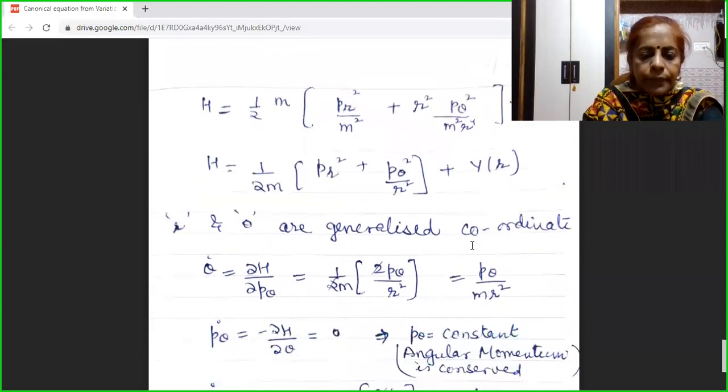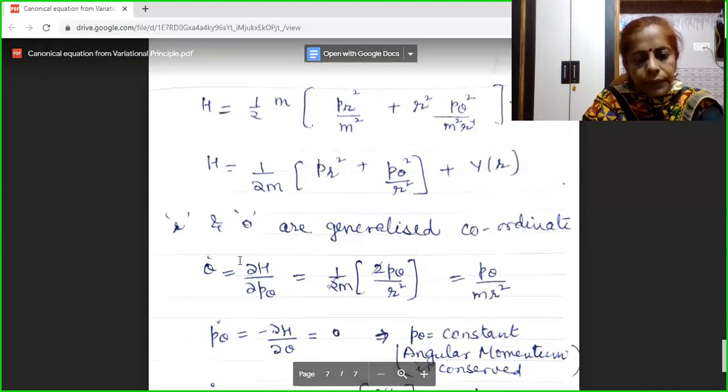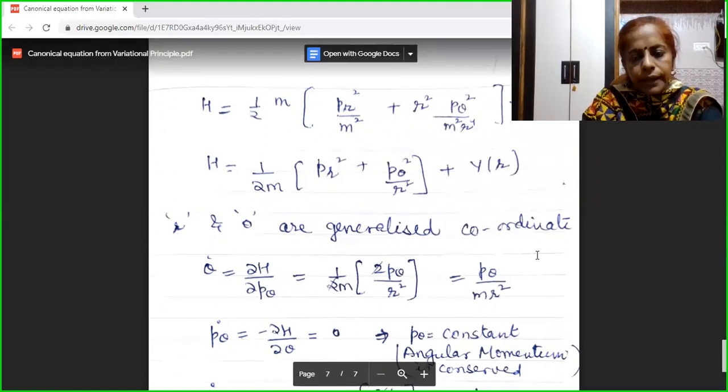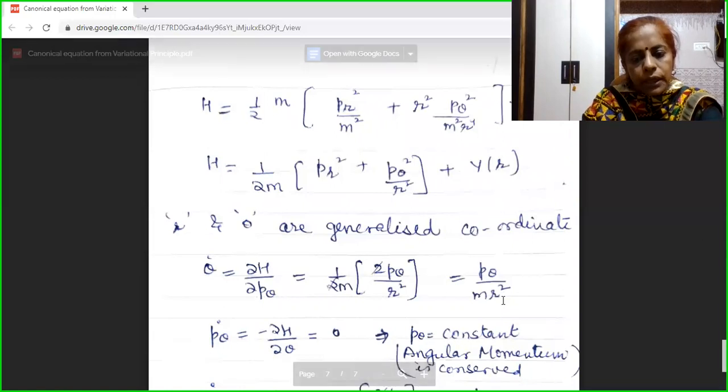First of all, I am taking my generalized coordinate as theta. As there are two coordinates, r and theta, initially I am solving for theta. For theta, theta dot equals del h by del p theta. Differentiating the Hamiltonian, I get P theta upon m r square.